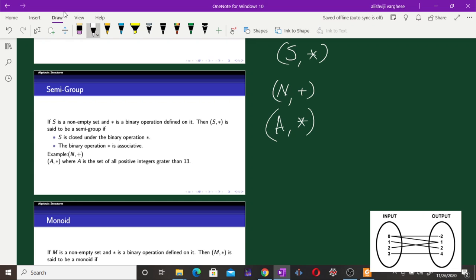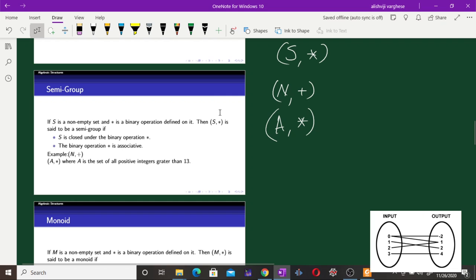Therefore, it is closed under multiplication, and the binary operation multiplication is commutative also. So the binary operation star is associative also, and therefore it's a semigroup. So these two are semigroups.